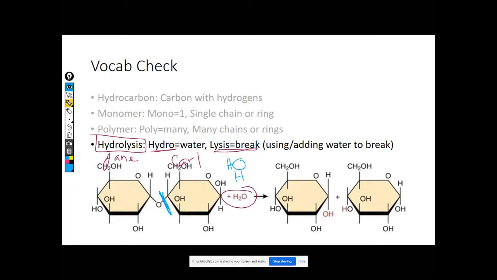Okay. We can't leave them like this. So we have to do something to repair the long-term damage. And that's where our water comes in. So for Jane, she's got an open hand, so we just have to fill her open hand in. So we're going to take this H, we're going to give it to Jane.